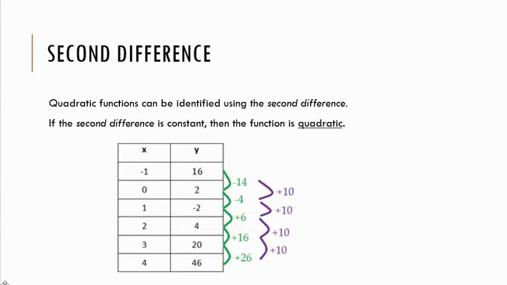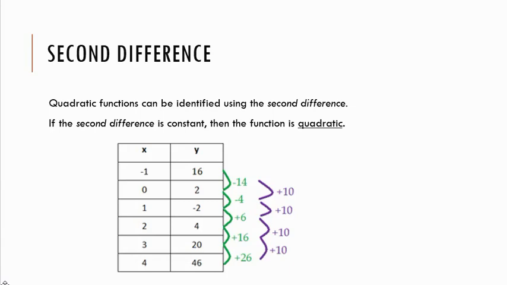Now, if we think about quadratic functions, linear functions, first of all, had a degree of 1. Quadratic functions have a degree of 2. Since this difference test, looking at these finite differences, allows us to find the degree of a polynomial function, it should be able to tell us whether it's quadratic.